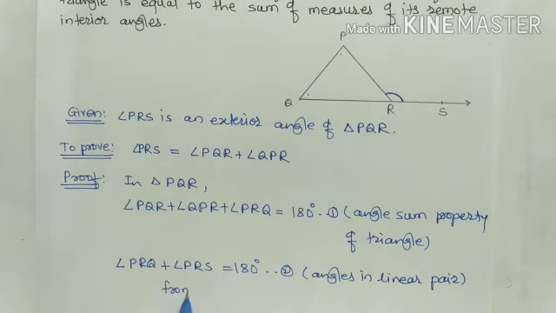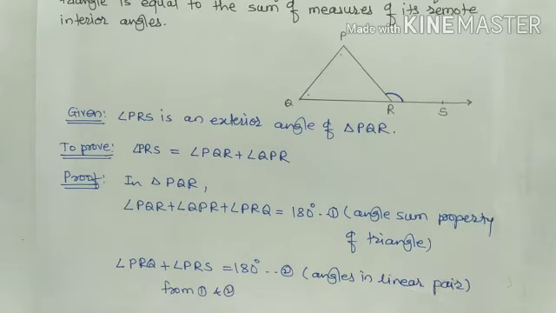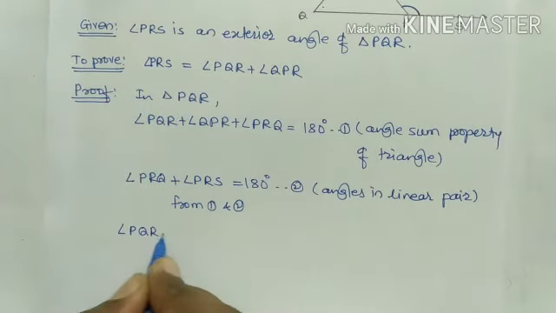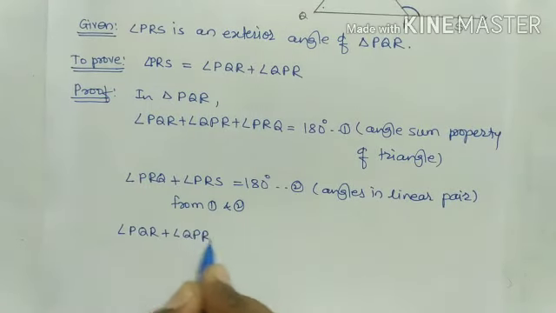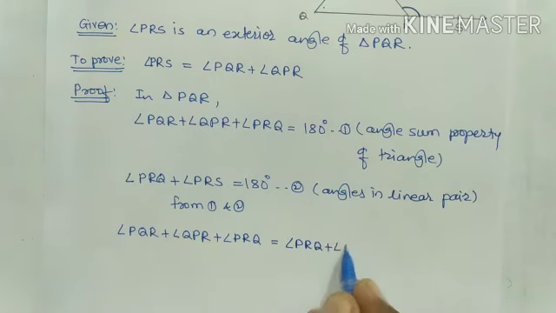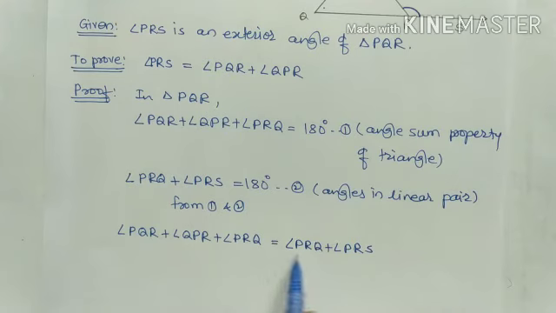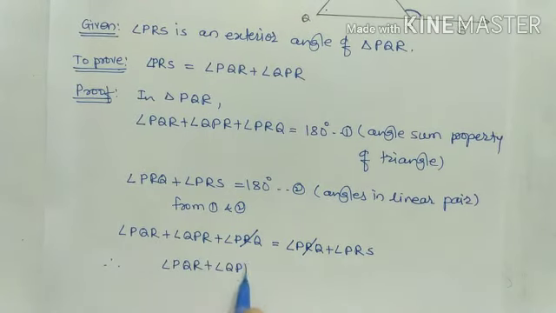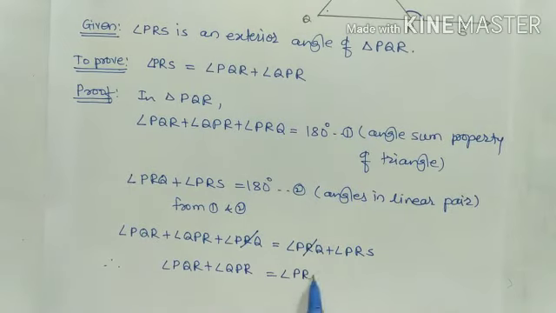So here we write from 1 and 2 angle PQR plus angle QPR plus angle PRQ equals to RHS angle PRQ plus angle PRS. In both these two sides, this PRQ is common, so get eliminate this PRQ, and therefore angle PQR plus angle QPR equals to angle PRS.